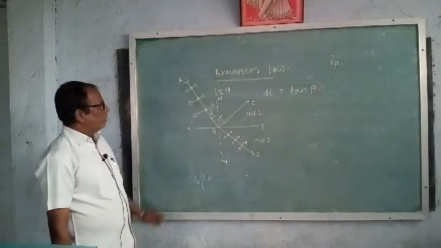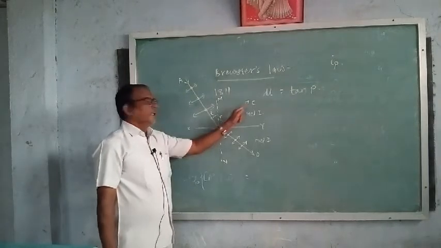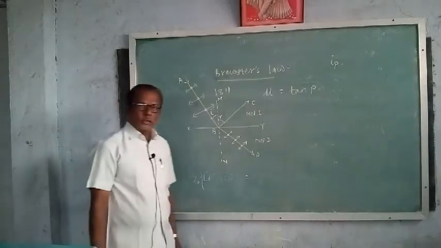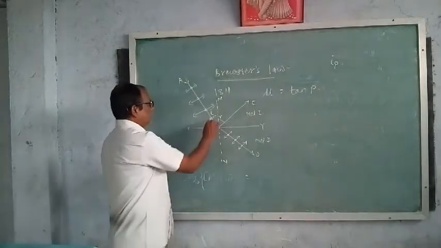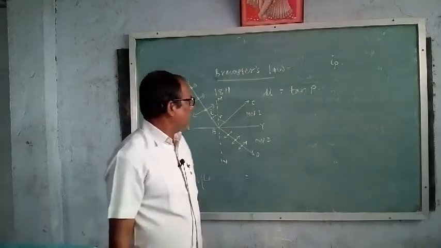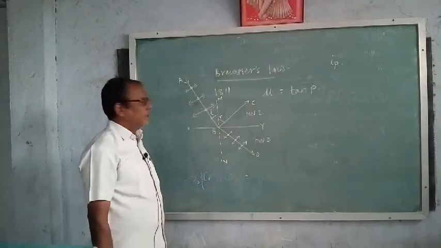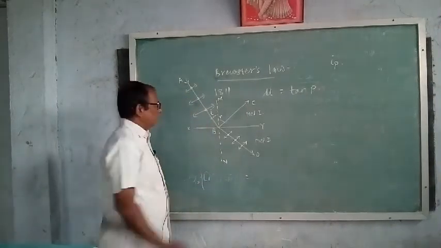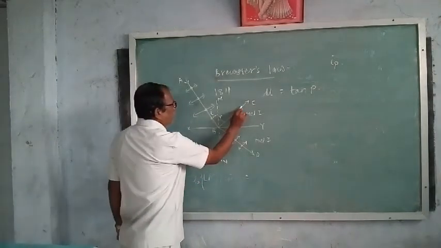Then Brewster found that the ray which is reflected, that is ray BC, is partially polarized, and the amount of polarization depends on this angle of incidence. He found that at a certain angle of incidence, when the ray is incident, then the reflected ray is completely polarized.